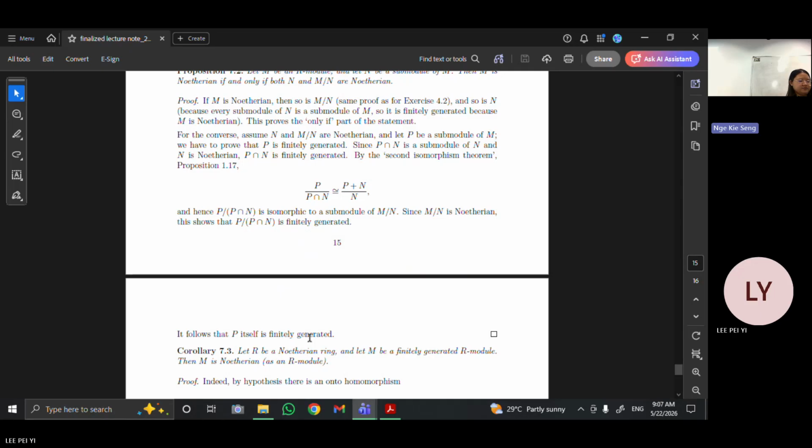Therefore, P over P intersect N is finitely generated. And combining generators of P intersect N and P over P intersect N shows that P itself is finitely generated. Hence, M is Noetherian.